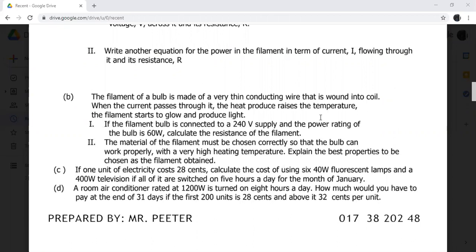Power got, voltage got, calculate resistance. I use the earlier formula: P equals V square over R. The material of the filament must be chosen correctly so that the bulb can work properly. With a very high heating temperature, explain the best properties to be chosen as the filament.